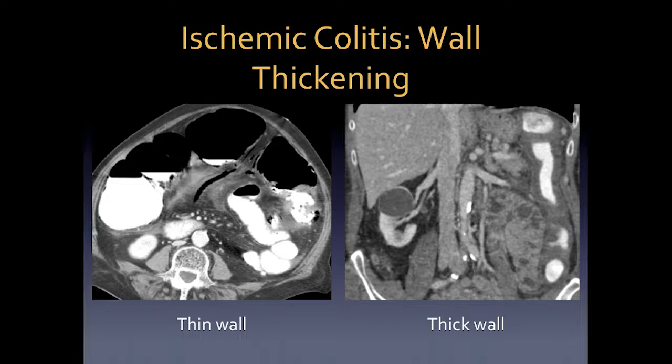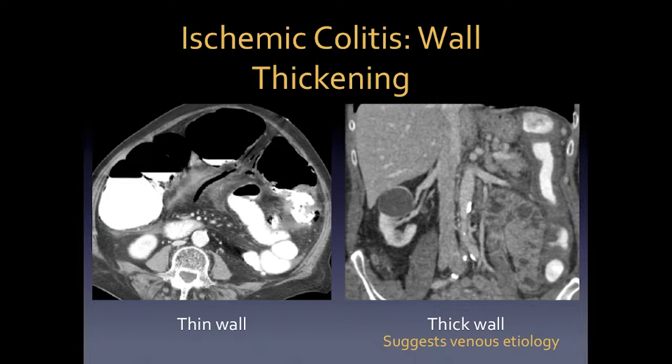But in these thick-walled cases, it can have quite an overlap in the spectrum of appearances with infectious or IBD type colitis. So I'm going to talk for a few moments about how we can try and differentiate a thick-walled colon in ischemic colitis from cases of IBD or infectious colitis.